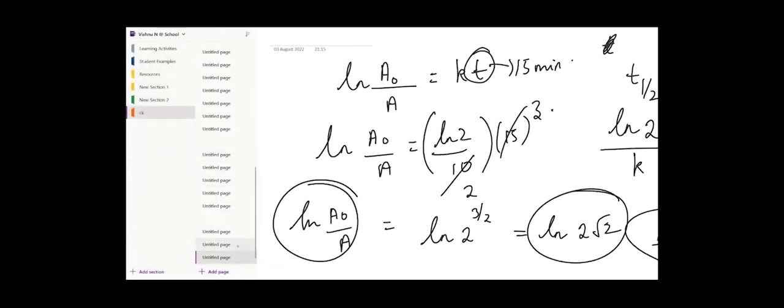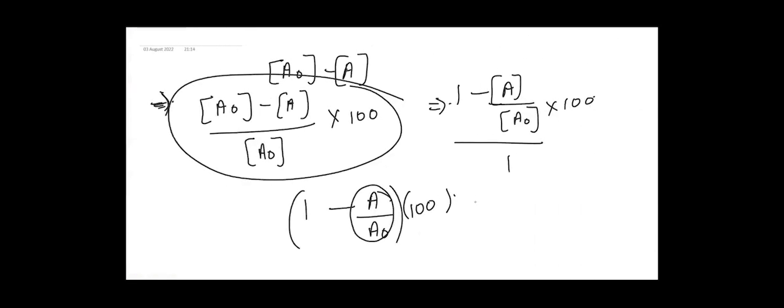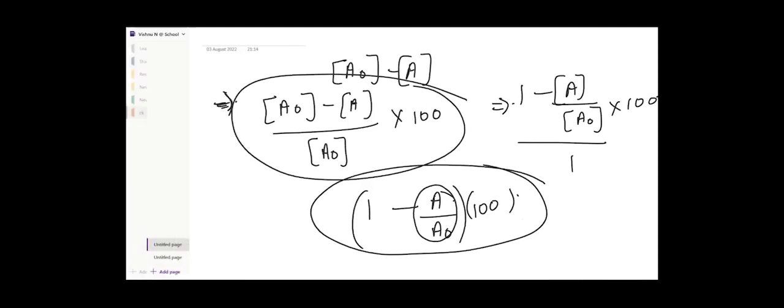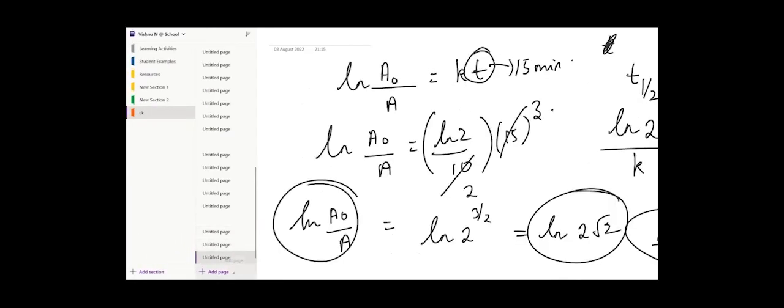So we have found the ratio A naught by A. In the previous slide we reduced the relation to this form because we had to find the ratio A by A naught, which is just the reciprocal.